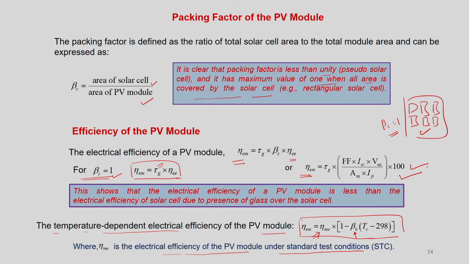This expression shows that the electrical efficiency of the PV module is less than the electrical efficiency of the solar cell due to the presence of the glass cover. So, this is the reason why we cannot take the efficiency of the cell as the efficiency of the module. We need to consider the transmissivity of the glass.